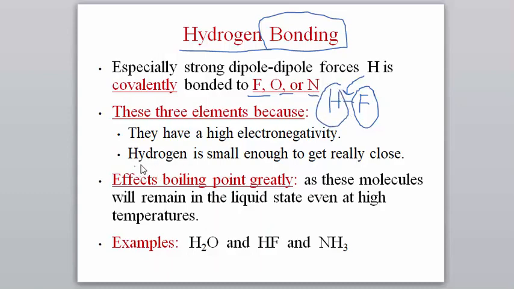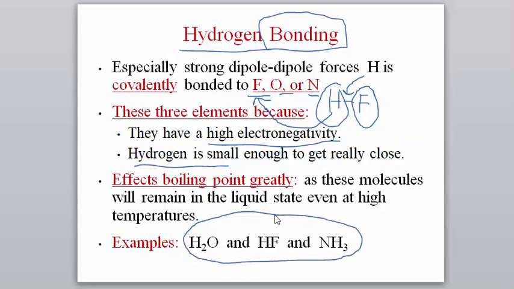And because the hydrogen is so small, the hydrogen on one molecule can get very close to the fluorine or oxygen or nitrogen on the other. And it's pulled very closely because of this high electronegativity. So it's still just a dipole, just extremely strong because of the small hydrogen and the high electronegativity. So some of the more common hydrogen bonded compounds are water and HF and NH3.